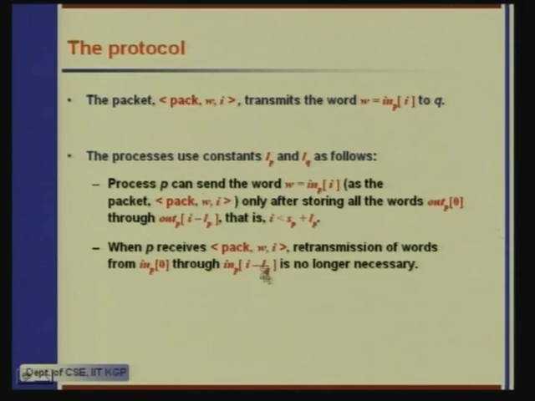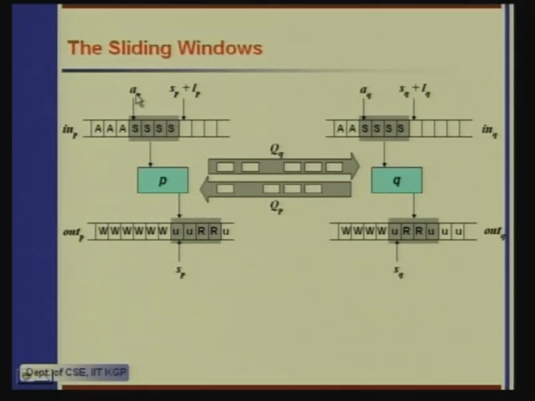So, AP is a variable which will be updated by the protocol, and it will always point to the minimum word which still has to be sent to Q. And then this is SP plus LP. The word that we cannot still send is SP plus LP. Why?